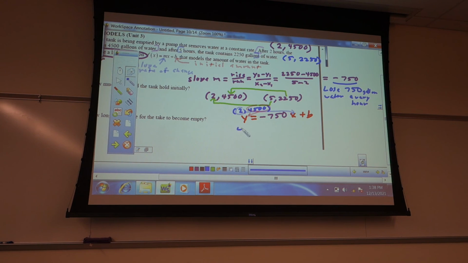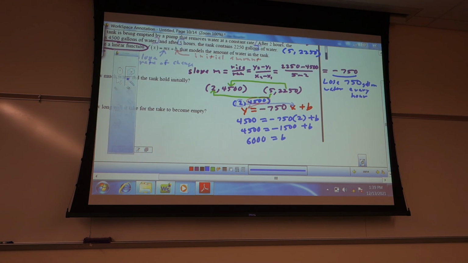So then we end up with 4,500 equals negative 750 times 2 plus b. And I can solve for b. That ends up being 4,500 equals negative 1,500 plus b. Add 1,500 to both sides, and my b is 6,000. So now I have my final equation, which is y equals negative 750x plus 6,000. And again, you should have y equals something with x in it.